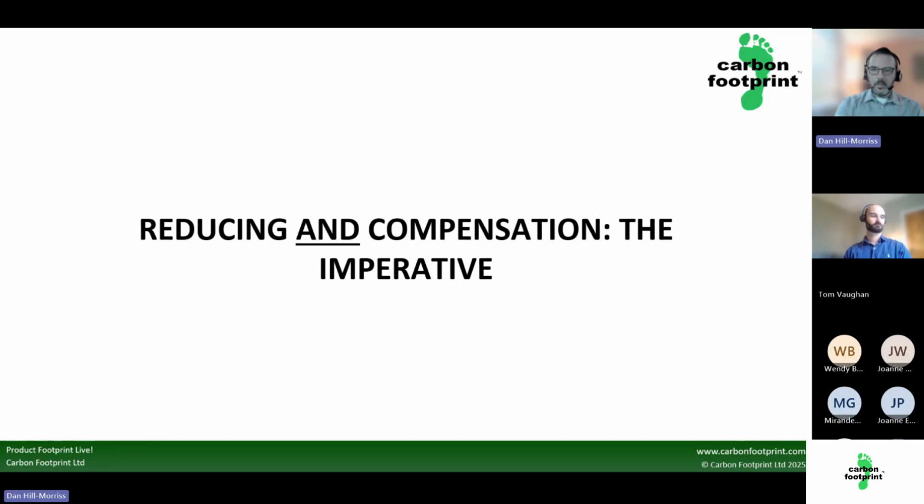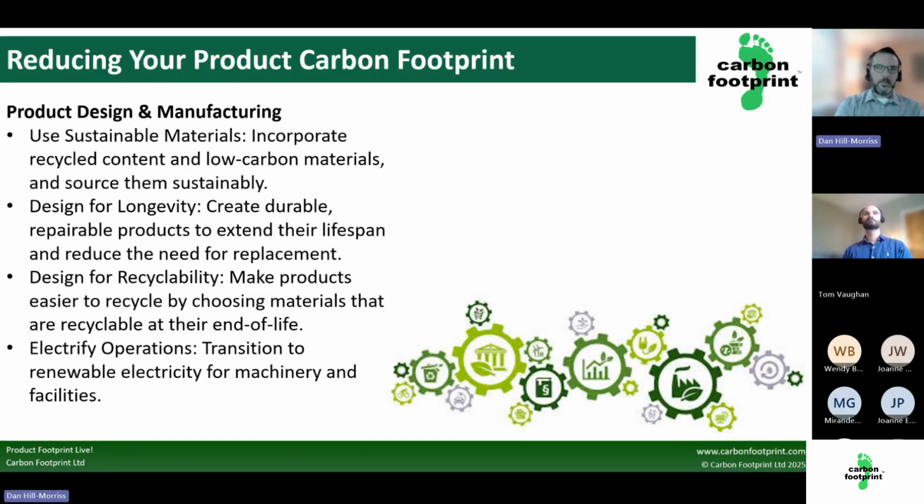So it's fair to say we've got a couple of slides here for you that are top level recommendations, if you like, but I think you will probably find these in 9 out of 10 product carbon footprint or LCA reports in terms of recommendations about what to do next.